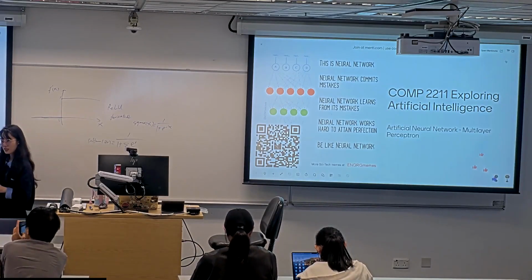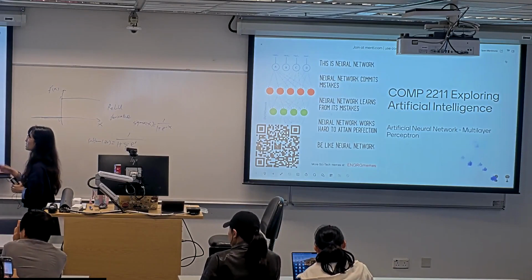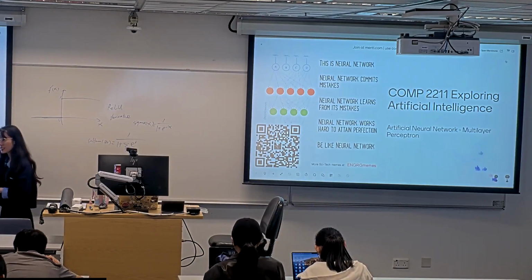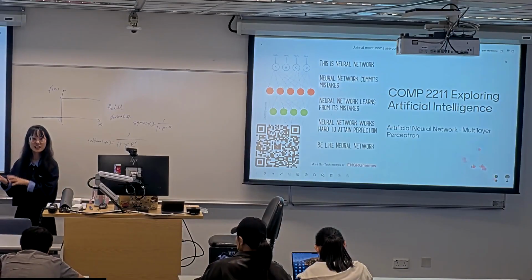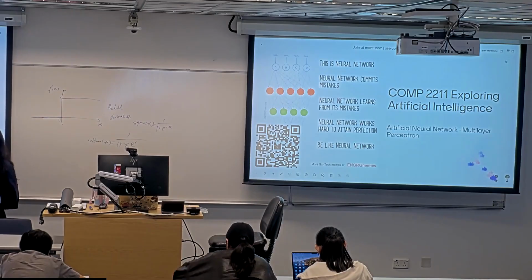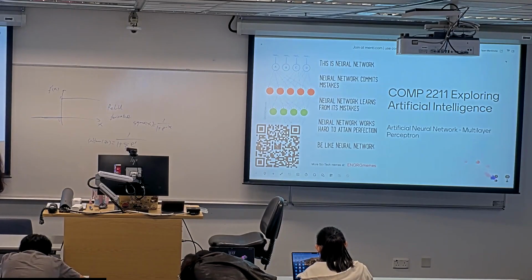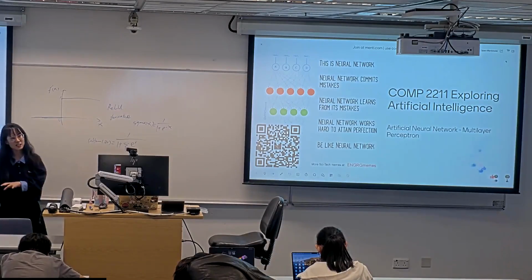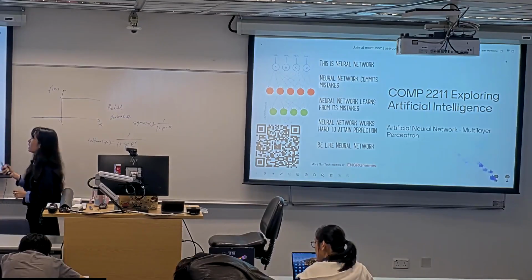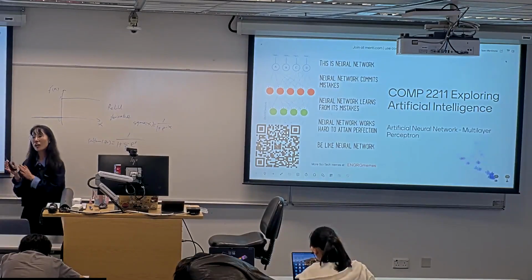And also, you can look at this figure. So this is a neural network, and the neural network commits mistakes. Usually we know that in early iterations, in early training, the neural networks always make lots of mistakes, right? That's the error function. And the neural network learns from its mistakes. Each time it makes some errors, it uses that error to update all the parameters so that it can be more accurate.